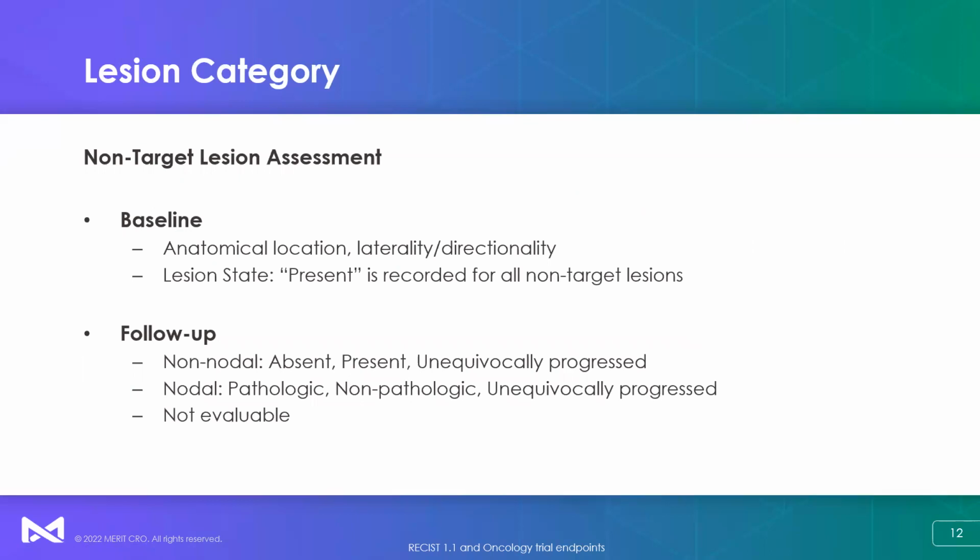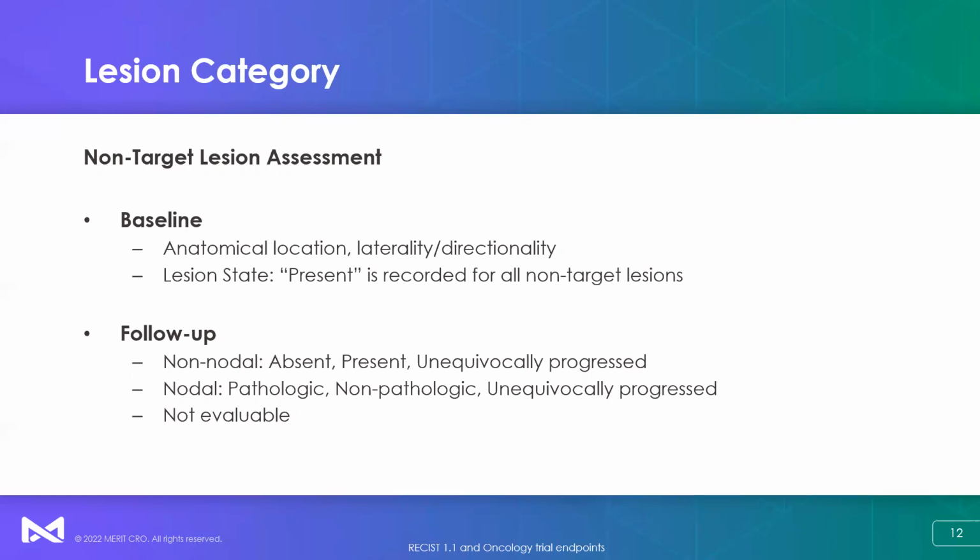And here are some baseline and follow-up examples of what data needs to be collected at the non-target lesion assessments. At the baseline: anatomical location and laterality. Directionality can be recorded. Lesion state should be recorded as present for all non-target lesions, or pathologic or non-pathologic if they're lymph nodes.